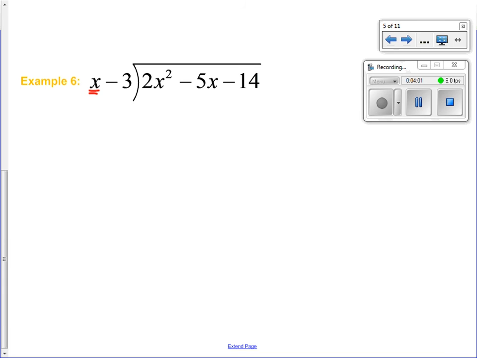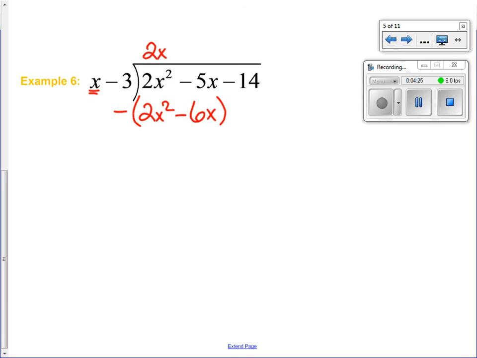So I need to multiply x by 2x so that I can get a 2x squared. And that would mean I need to distribute the 2x to the minus 3 as well. So 2x times negative 3 will be negative 6x.